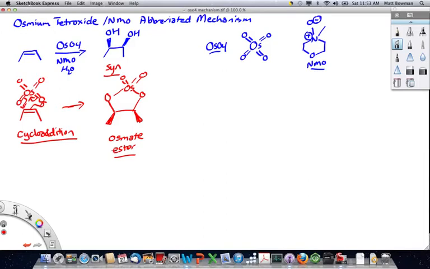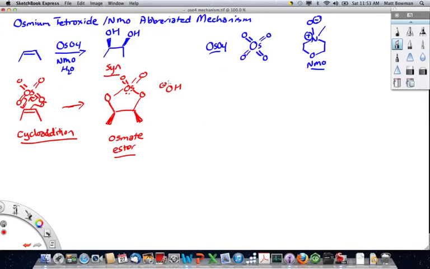Now what happens next is this osmate ester is hydrolyzed. It's hydrolyzed by a small amount of OH minus. This OH minus actually is generated in the full mechanism.